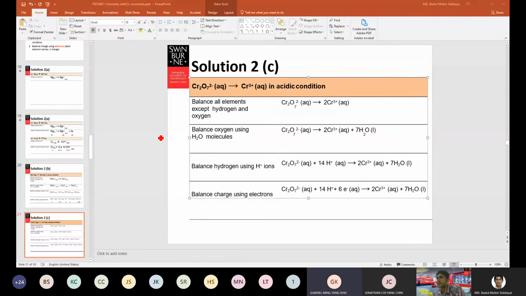Positive 6. Can you see? I'm writing, oh, I don't know, the network is bad. Now I'm writing here, this is positive 6.